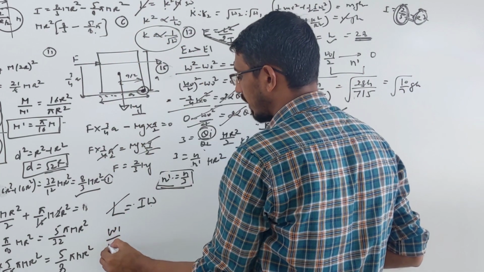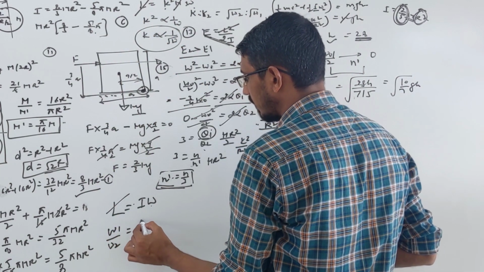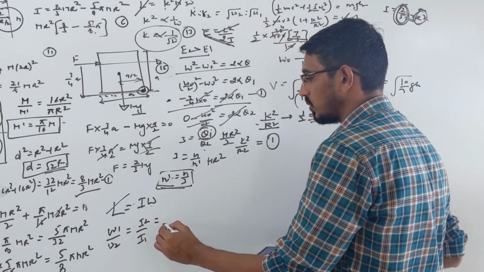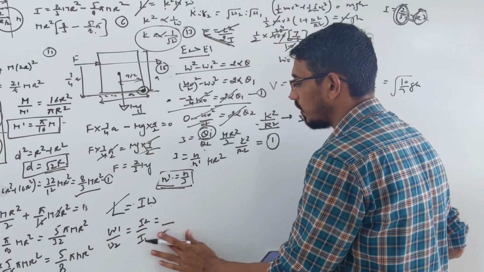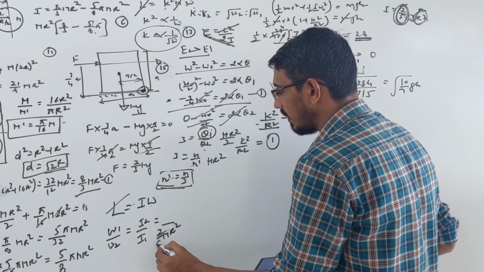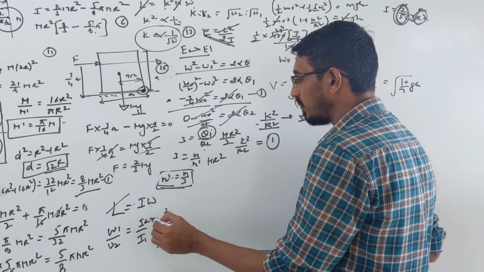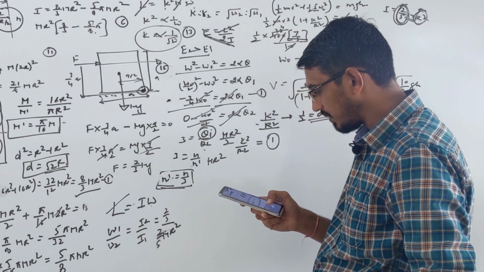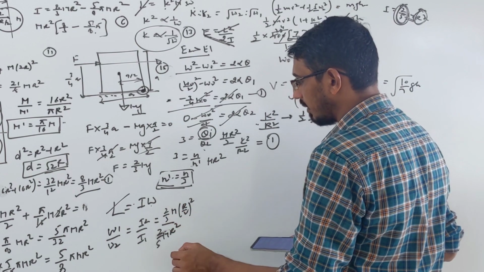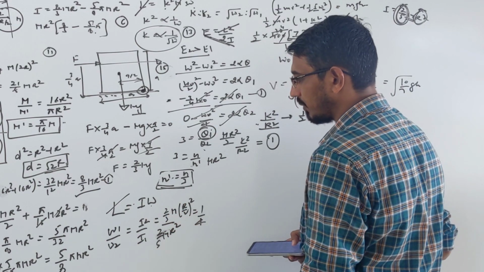Initial angular velocity by final is I2 upon I1. Earth we assume like a solid sphere, so inertia is 2 by 5 mr square. The earth radius becomes half, so the mass remains the same and the radius becomes r by 2 whole square. So this becomes simply 1 by 4.